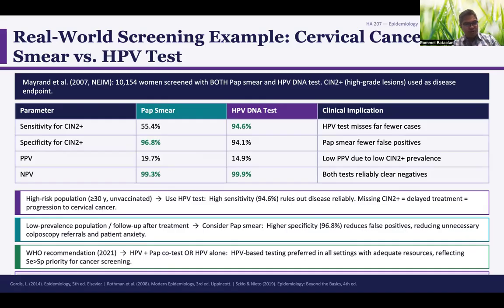But that is for primary screening in certain areas. Still, for low prevalence populations or follow-up after treatment, the pap smear's high specificity reduces the burden of unnecessary colposcopy referrals. Because you need to do colposcopy in the HPV DNA testing, which would be a relatively invasive procedure versus a mere pap smear.